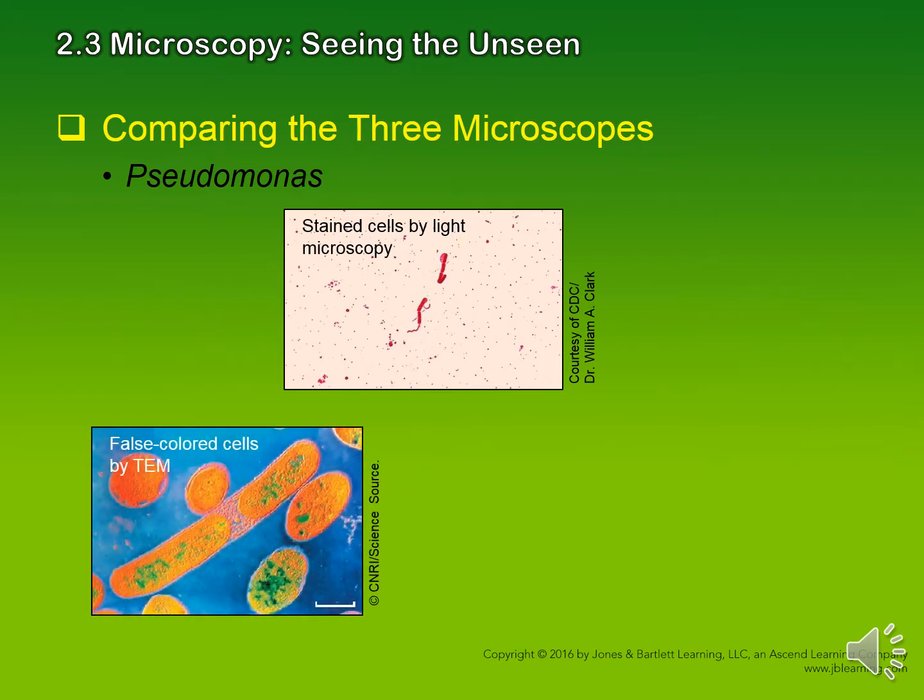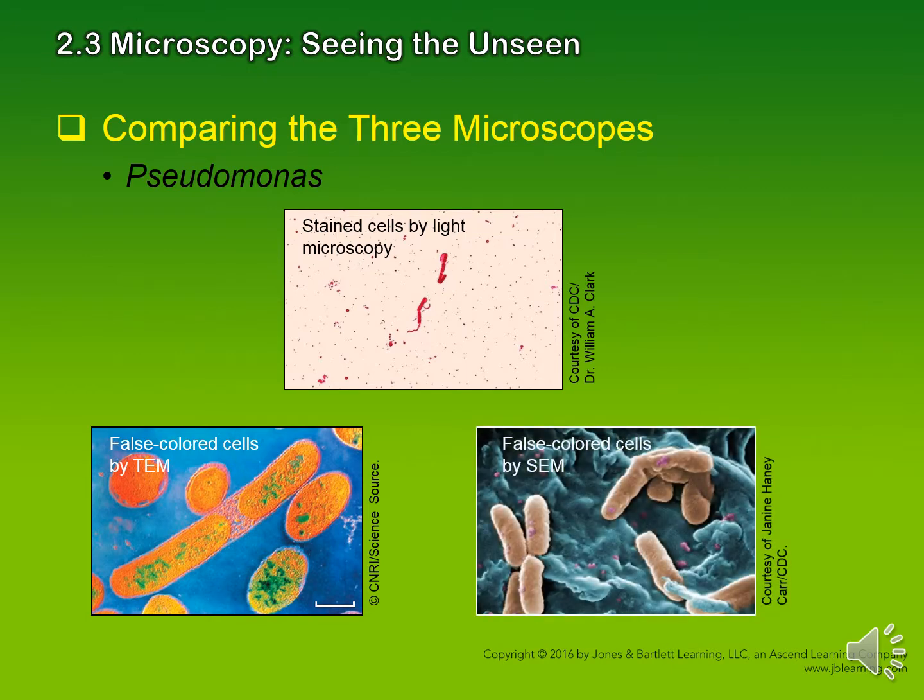Now if we're in a TEM, then we could actually see individual cells, and sometimes, in this case, these cells are dividing. And here in an SEM, we're seeing the outside of the cells. So an advantage of a TEM is you're seeing the inside of the object, whereas in an SEM, you're seeing the outside of the object.